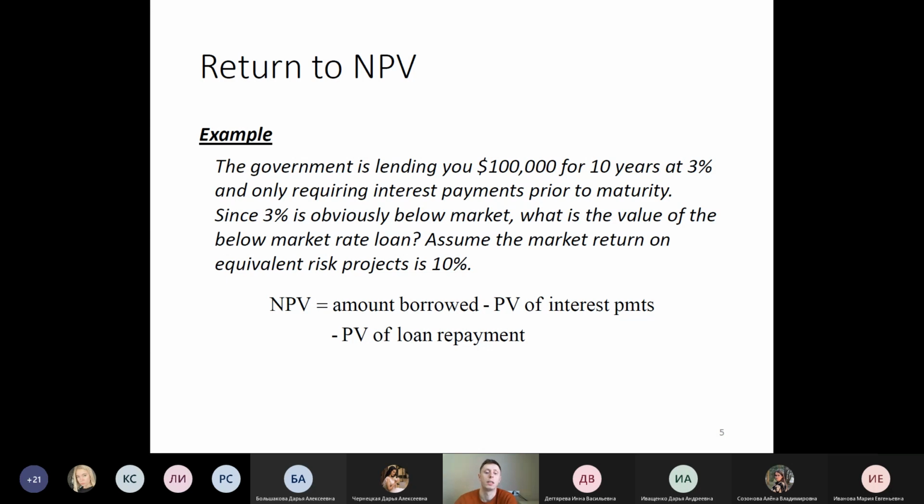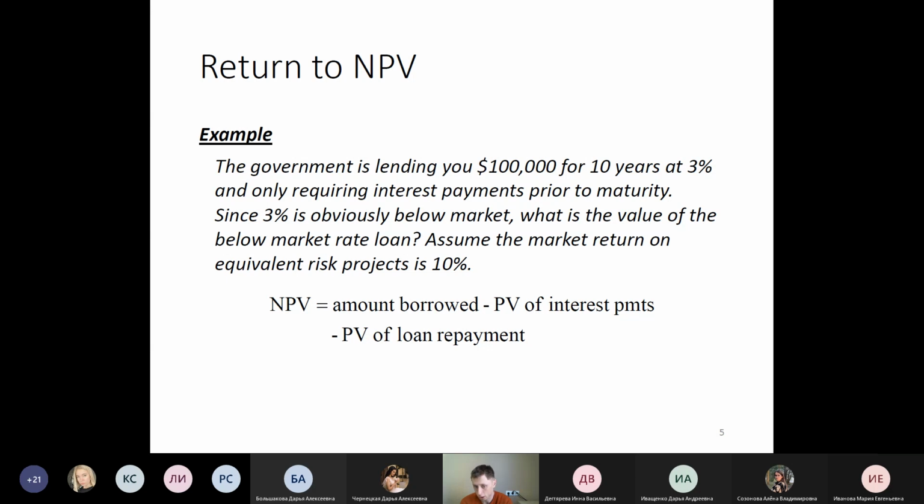When we talk about an investment project, first we pay something, so we invest something first, then we receive money back as cash inflows. Talking about financing decisions, the situation is opposite. First, we receive some money, we either receive a loan or we receive equity financing, and then we pay that money back as interest payment or dividend or whatever costs we would have.